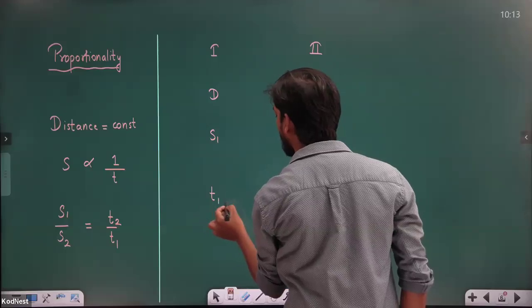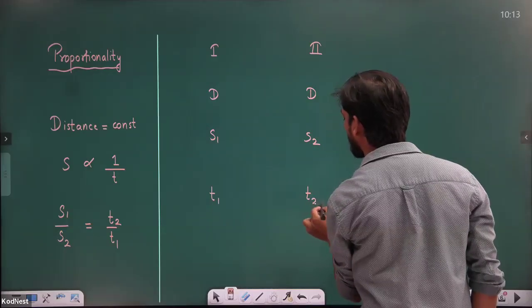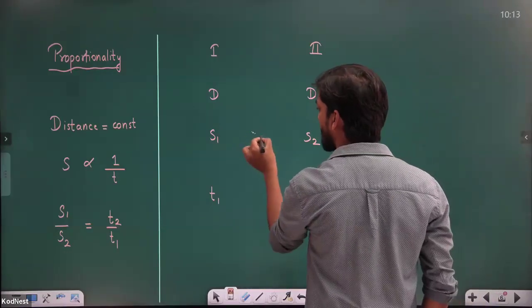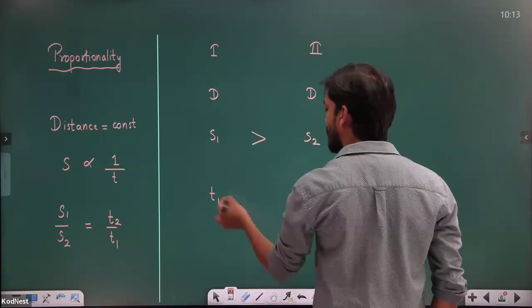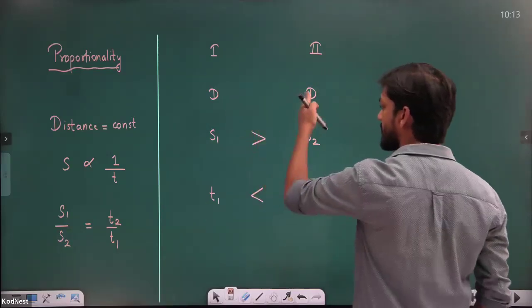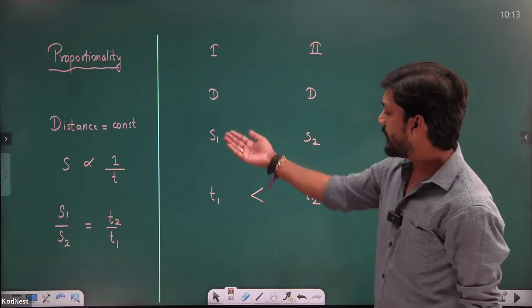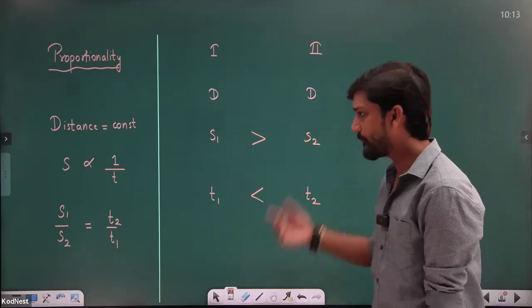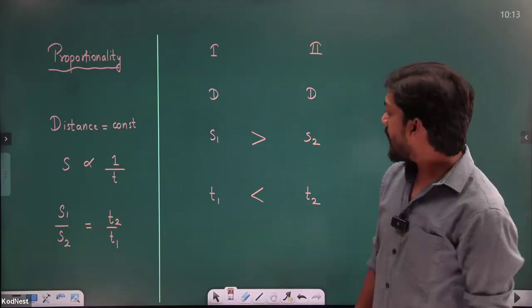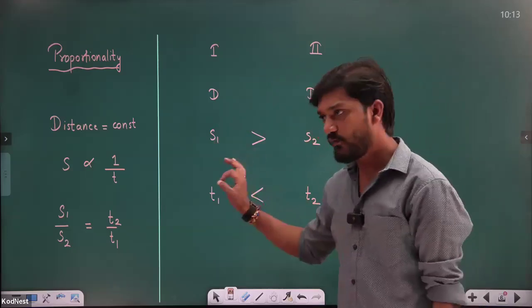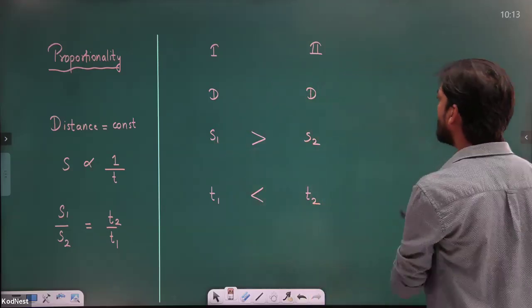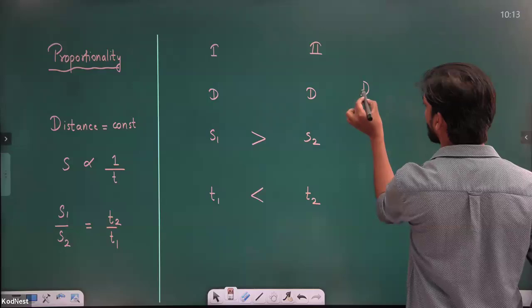Time is T1, T2. I'm assuming speed S1 is more, so time T1 will be less because distance is constant. More speed, less time; less speed, more time. So how these values are related, carefully observe. There is one formula which you have to memorize.